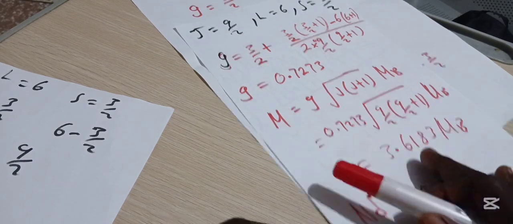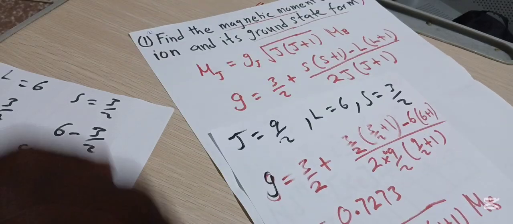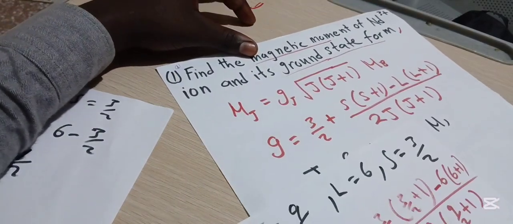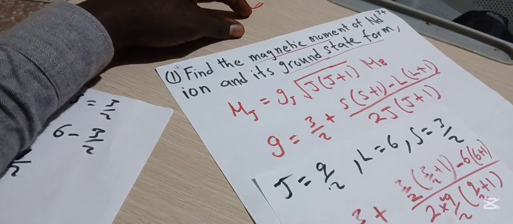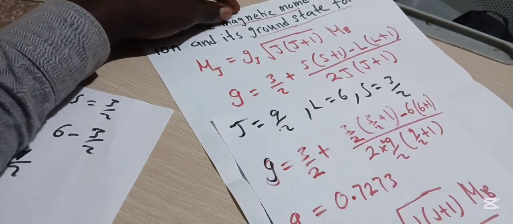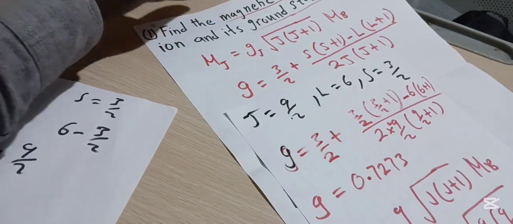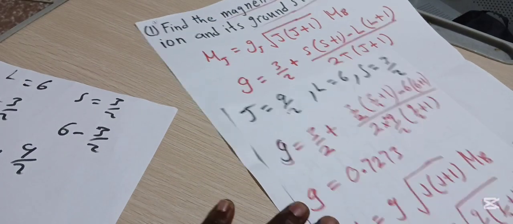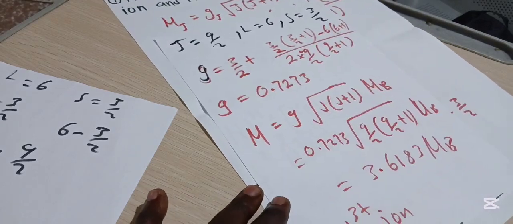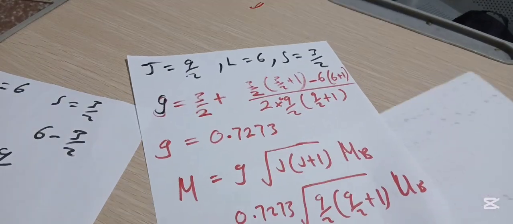The question is twofold. We are to calculate the magnetic moment and also the ground state form of Nd3+ ion. So let's look at the ground state form for Nd3+ ion. I want to keep these values here because we'll be needing them.